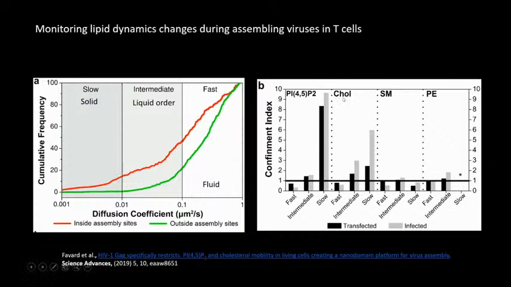And very interestingly, what you see here is that, in fact, for PI(4,5)P2, we could not observe any strong differences between the infected or the transfected cells in terms of this confinement index. On the other side, the cholesterol seems to be much more confined when the cells are infected, which is when the envelope is present. And interestingly, we saw no differences at all in the sphingomyelin, nor in the phosphatidylethanolamine.